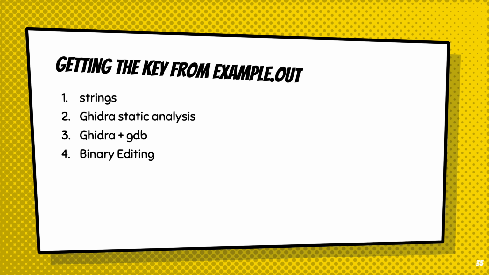The third is to use Ghidra and GDB together to run the code and then check the runtime value of the register that is compared to the input. And the last is to use binary editing. We change the actual control flow of the binary by changing the conditional jump so that even when we give it a wrong value, it will still output as if it's correct. I hope that this video will help you get familiar with those binary analysis and reverse engineering tools, as well as understand how to solve the challenges from our assignment.